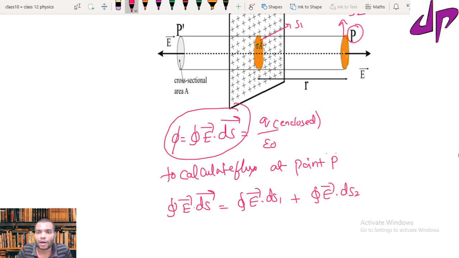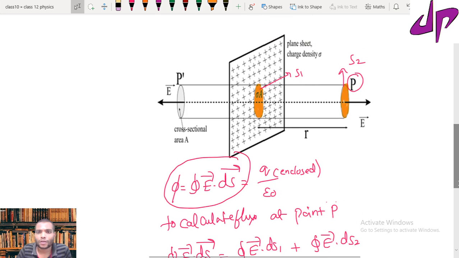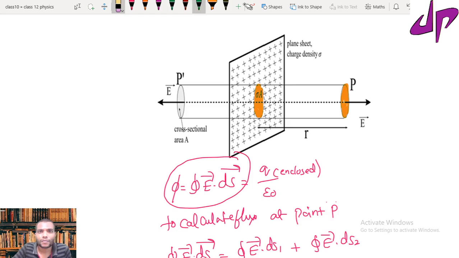They are two different surfaces, so we located the surfaces. Now our task is to find the surface area direction and electric field direction.